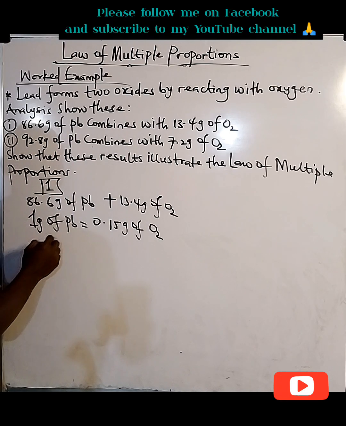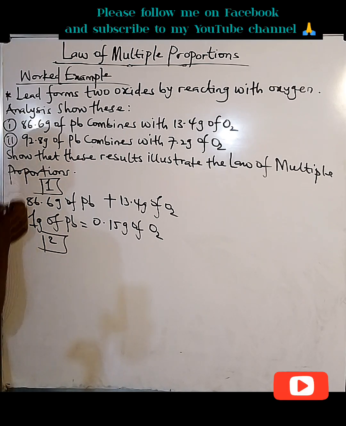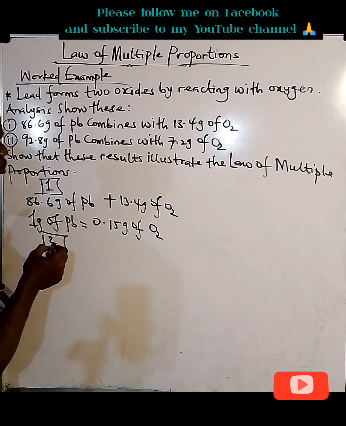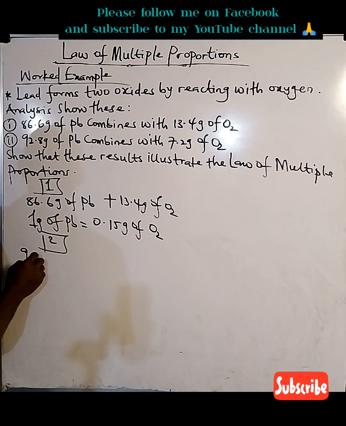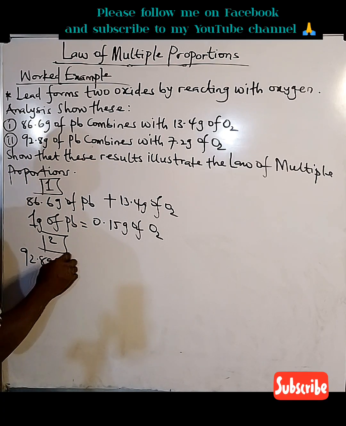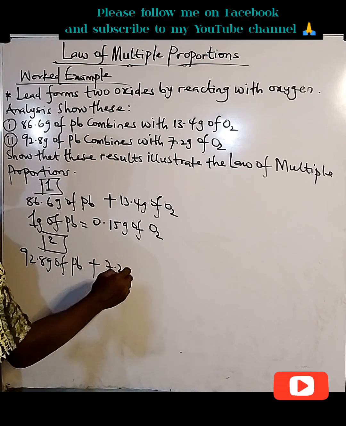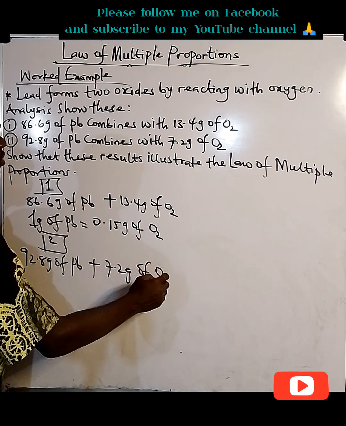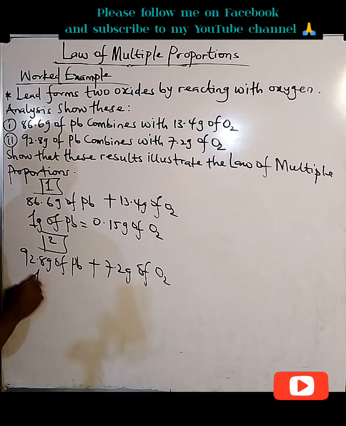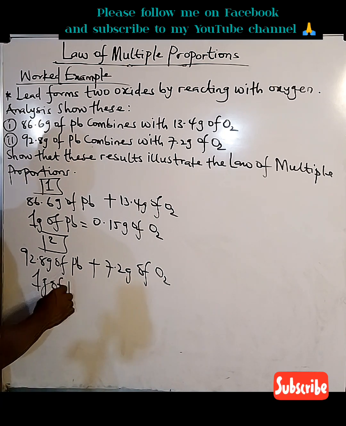So quickly, let's have the second analysis. 92.8 gram of Pb, lead, combines with 7.2 gram of oxygen. Now, if this is what we have, it means 1 gram of lead will combine with how much oxygen?